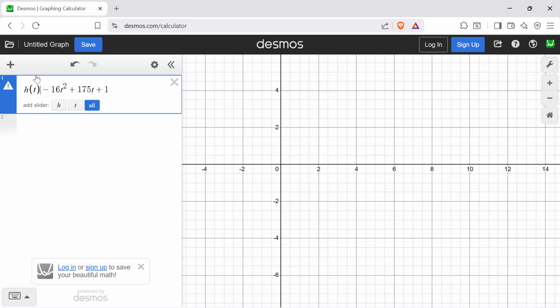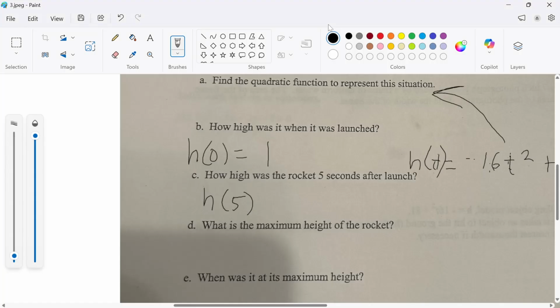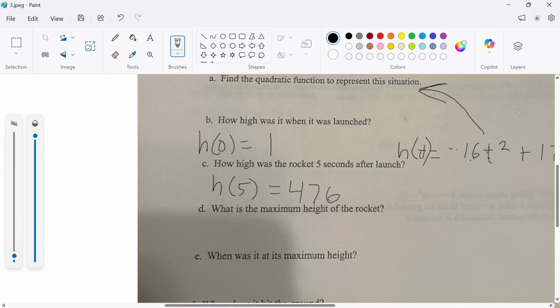And then I'll put h of 5. So you can just type it into your calculator. h of 5 is 476 feet.